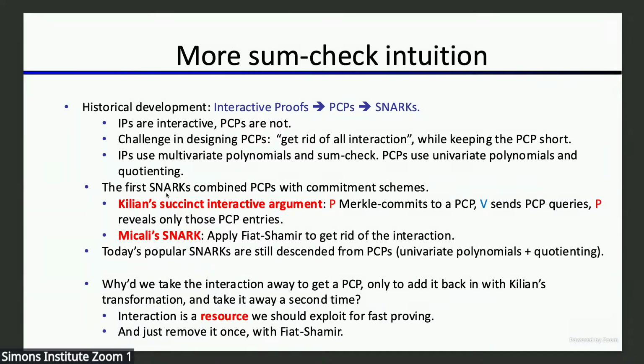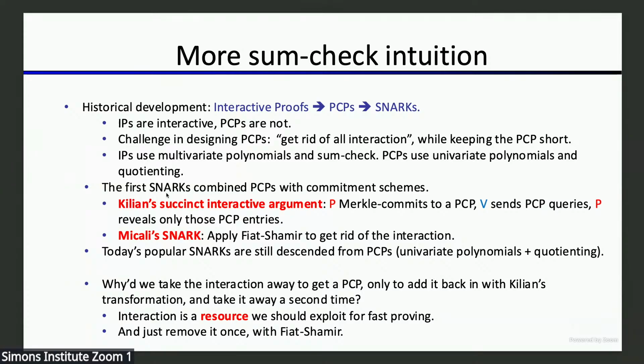But the key bottleneck today is prover scalability. And there, this ultimately really doesn't make sense if you take a step back, this approach of going through PCPs. Because what is the hard thing about designing a PCP? It's that the probabilistically checkable proof is non-interactive, and yet you want it to be not too big. So the whole game is making that proof probabilistically checkable and not too big when there's no interaction.